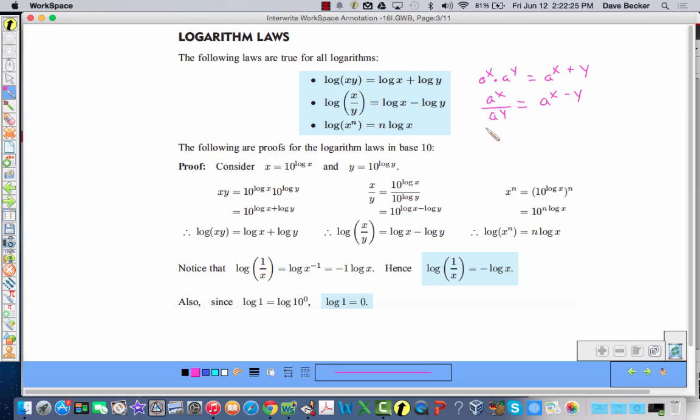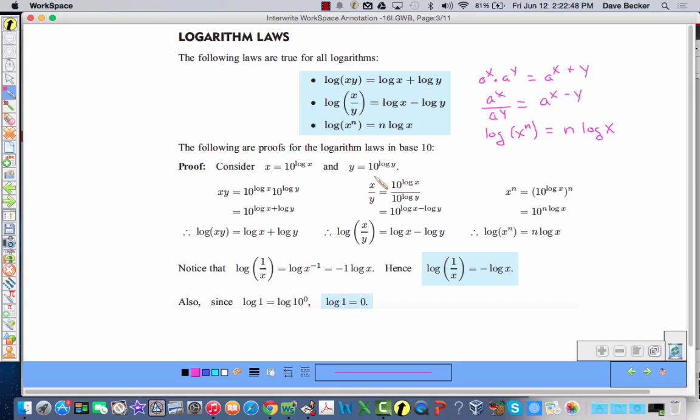Okay? And log of x to the n is equivalent to n log x. And you saw that in the previous exercises. And if you want to read through the proofs here, you can pause and look through it and see the proofs of why those are true.